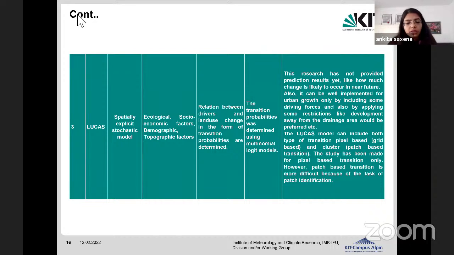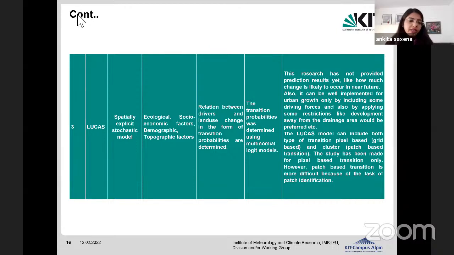So all the differences are on the basis of the data set, what input data set they are using for producing the final outcomes, and what drivers they are considering. So this is the variation. Main drivers.